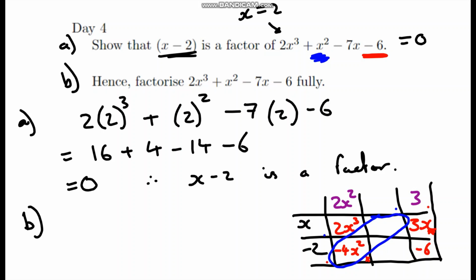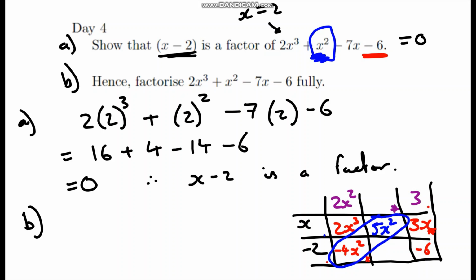So what do we add to negative 4x squared to give me positive x squared? So we're going to have to add in 5x squared. That's the only way we're going to make this term here. Okay, so we can fill in this box at the top here.